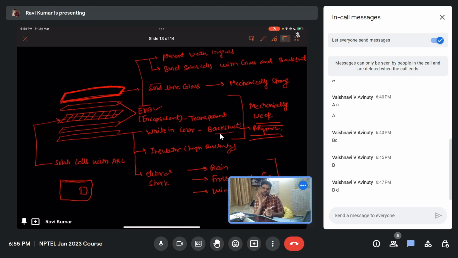You will be able to see where is the EVA, where is the backseat, where is the cell, where is the glass, and where is the junction box. So next time, identify all these terms, try to remember the role of these components, and see whether they are actually performing their work or not.